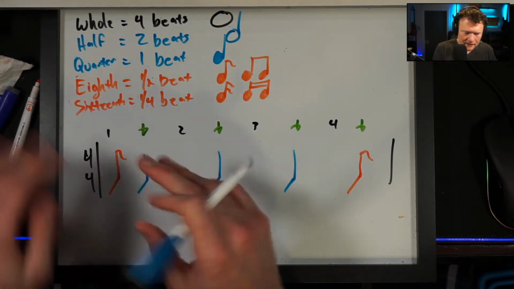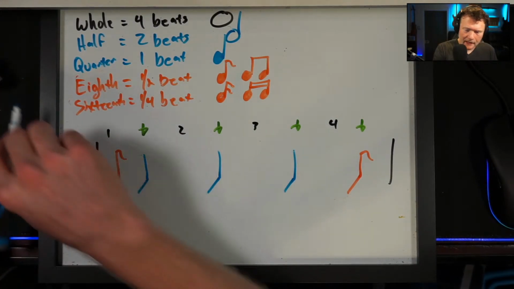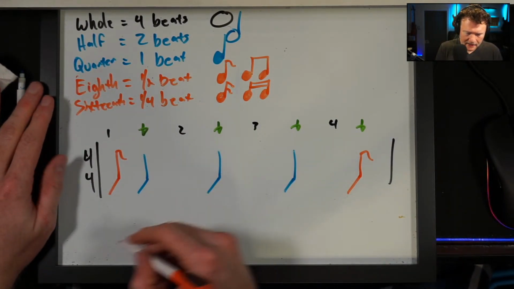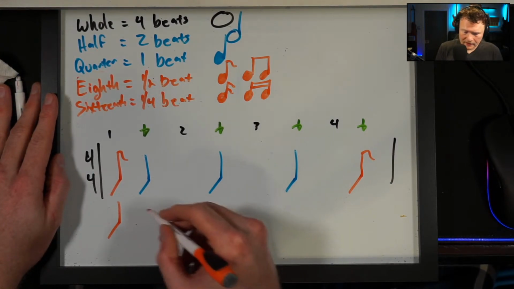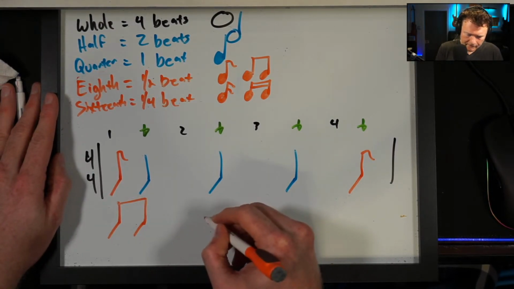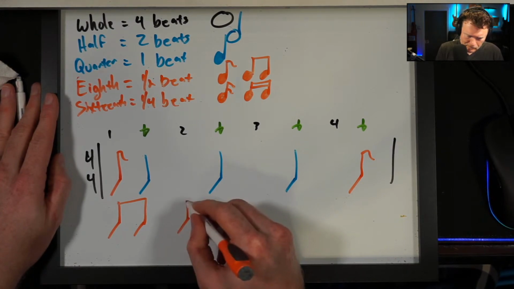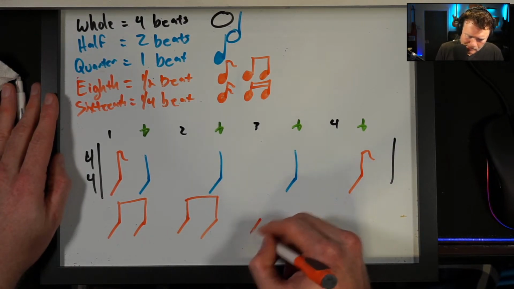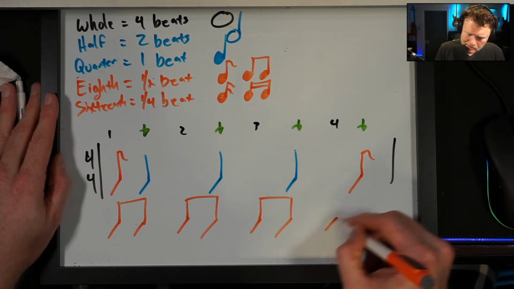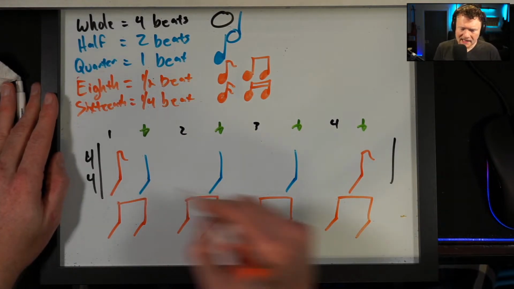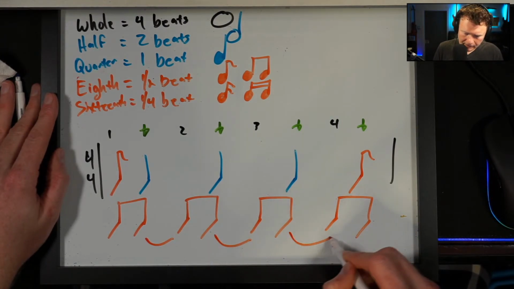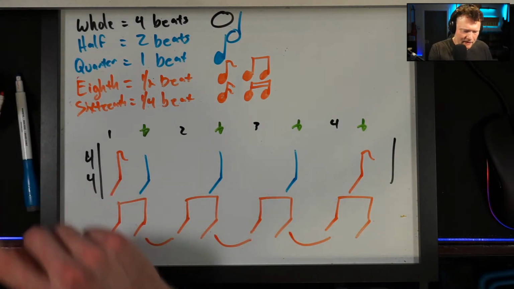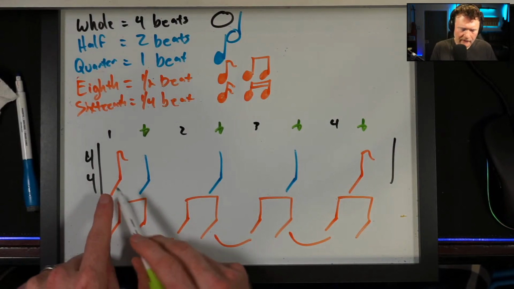To me, again, I'm not a genius here, but this is a better way to notate this. It would be something like this, and I would tie these together like that. The reason is because we have the one and.